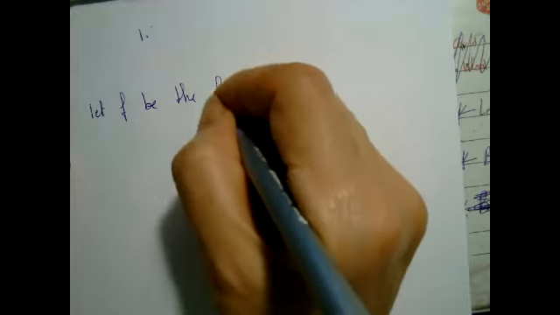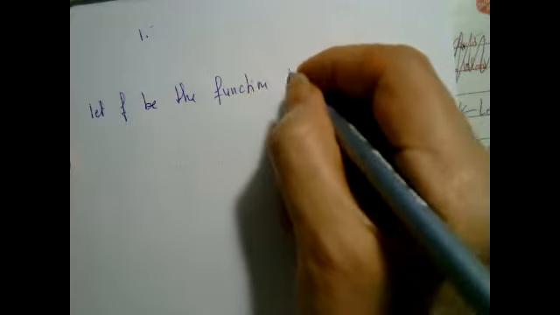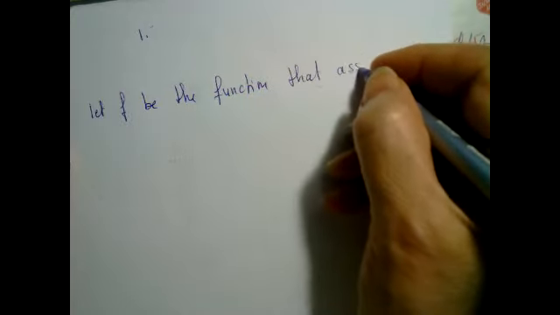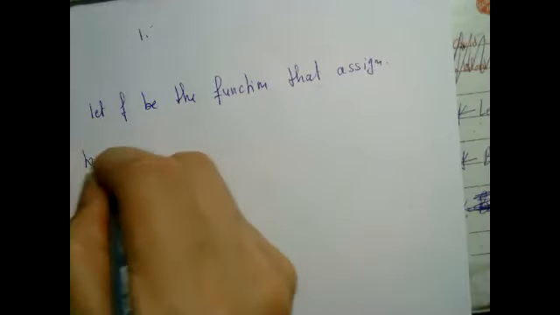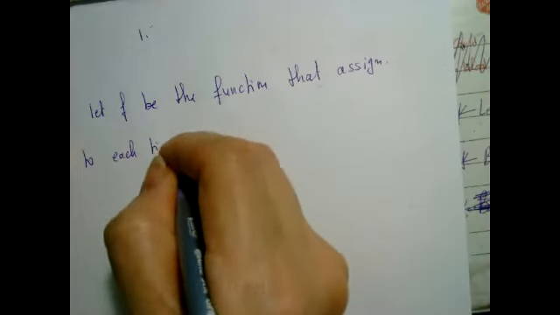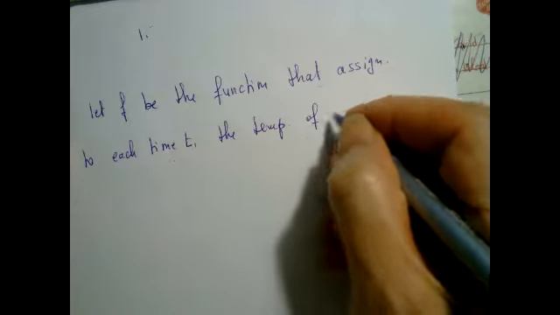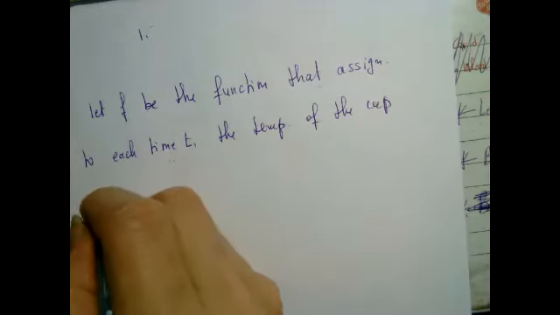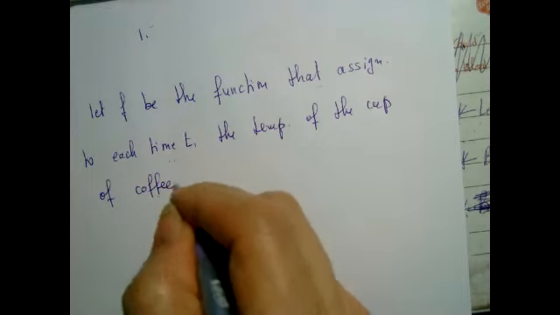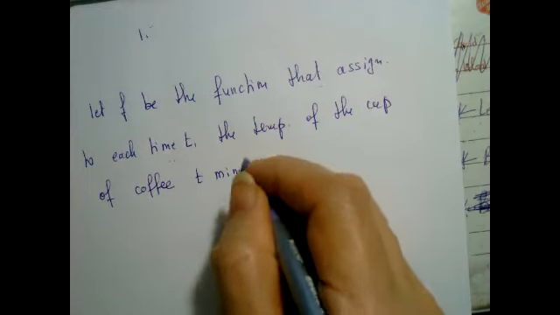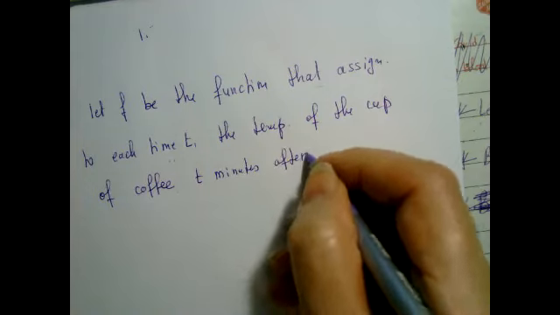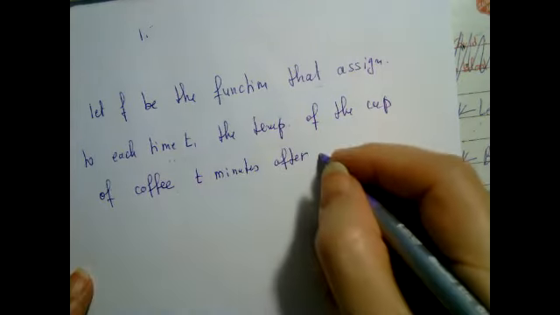So far, when we described the function, we wrote the following. I said, okay, let f be the function that is assigned, to each time t, the temperature of the cup of coffee t minutes after we put it on the table.